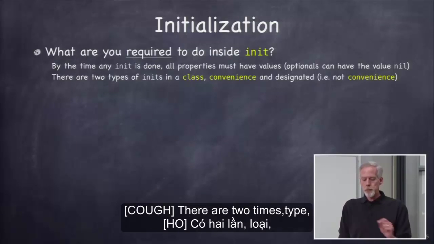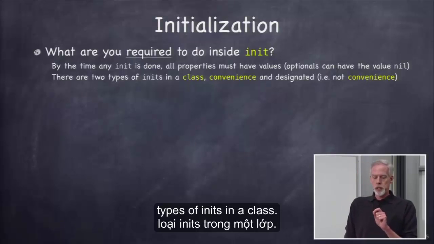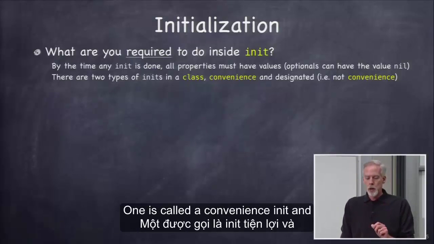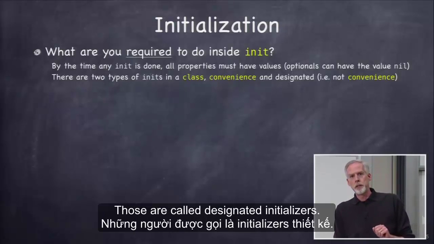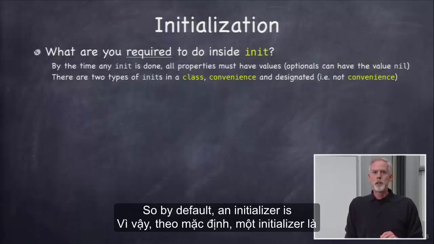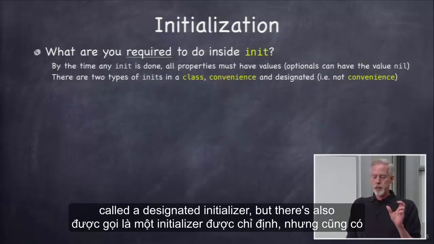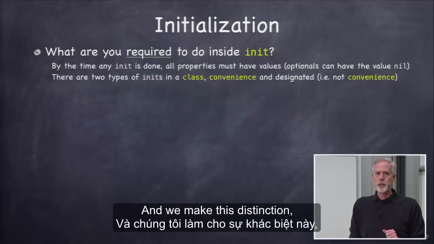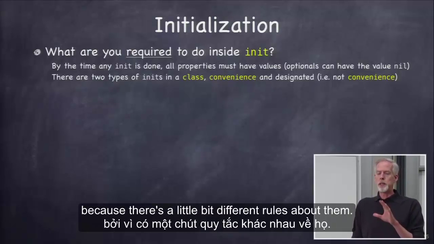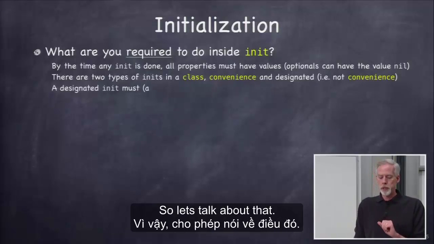There are 2 types of inits in a class, not in a struct, but in a class. One is called a convenience init, and then there's all the other kinds. Those are called designated initializers. So by default, an initializer is called a designated initializer, but there's also these things called convenience initializers. And we make this distinction because there's a little bit different rules about them, so let's talk about that.